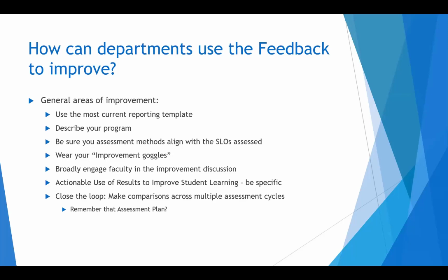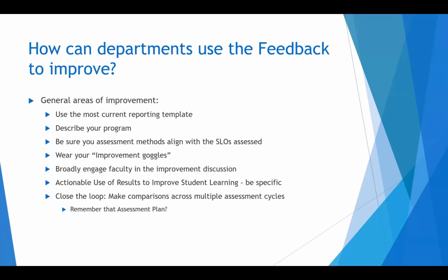There is a field on your report, and we'll look at this a little bit more in a moment. Giving an actionable use of results to improve student learning. If there is a $1 million question on this report anywhere, it's got to be that one. And it would be a question for each SLO that you assessed. So when you look at your data and you determine what you're going to do, be as specific as possible.